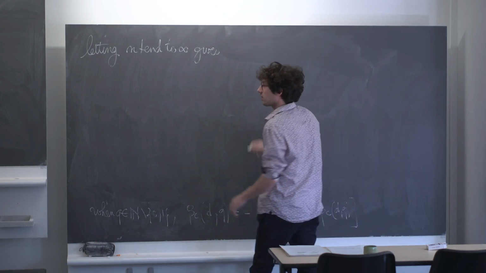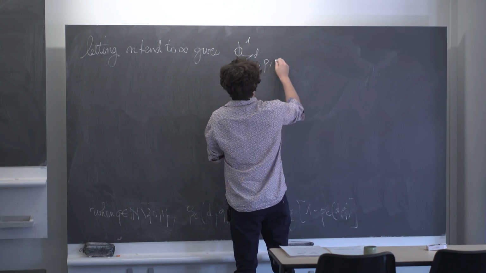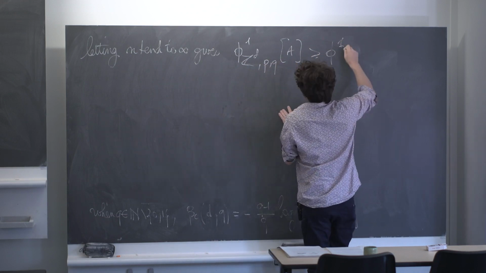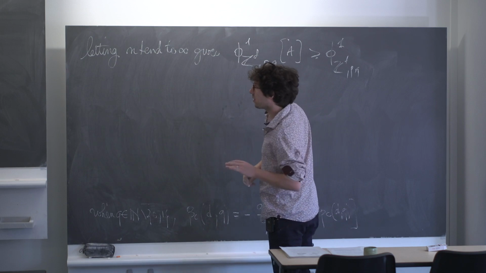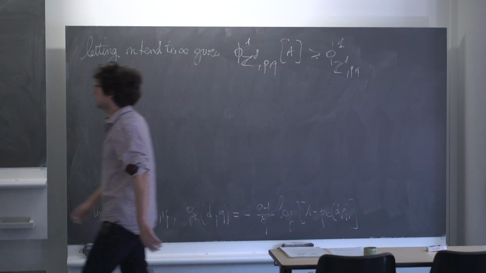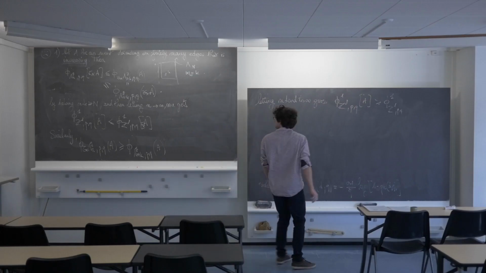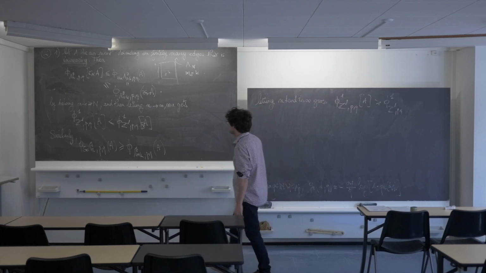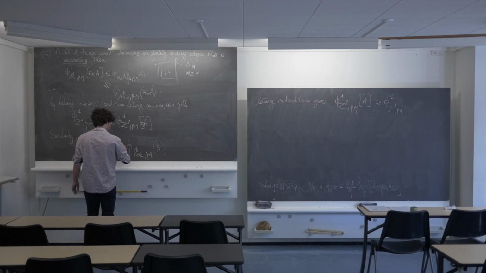Maybe I can write it. So it gives phi 1 ZD PQ of A larger or equal to phi 1 ZD PQ. And here, of course, this is stupid. Sorry, I forgot the tau x here. And here's the tau x. What did I do? I mean, the other inequality.